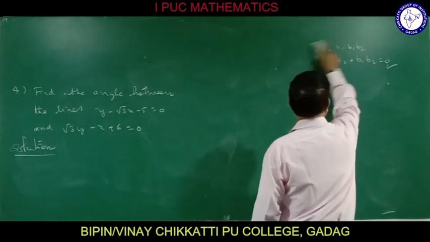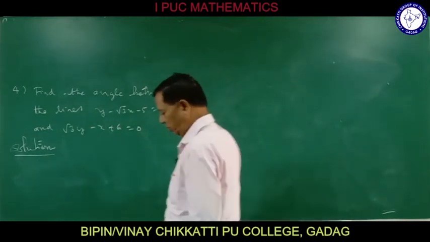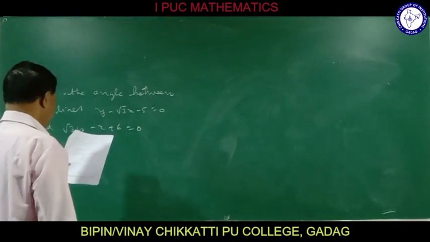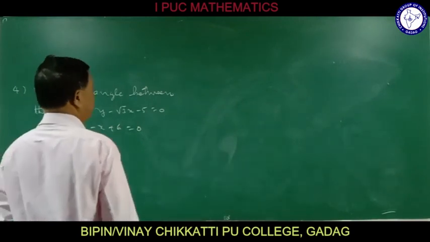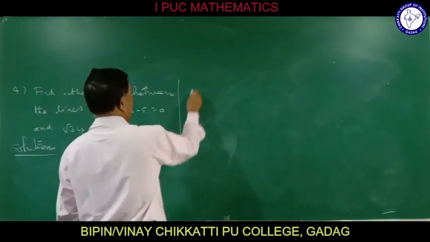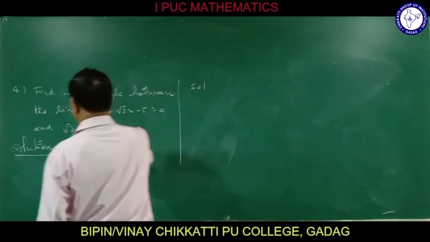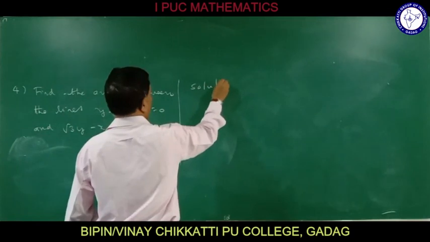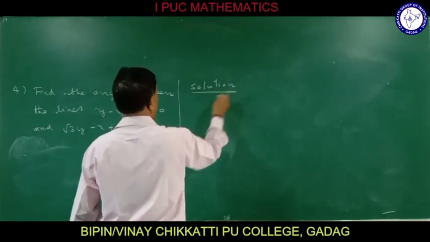And there you have to find out m1 and m2 and substitute m1 minus m2 or m2 minus m1. So first I tell you how to find out the slopes. Slopes, how to find out. Solution, I am writing solution first.